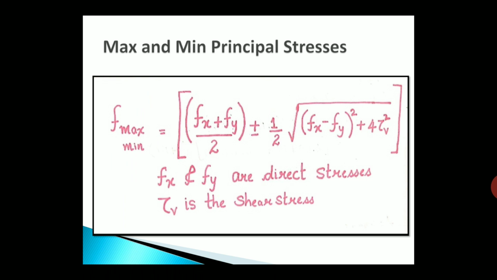So in the first part we will have analysis examples where Fx and Fy may be given or may be asked to find, or we have to find the maximum and minimum principal stresses. Problems of the first category are a bit easy.